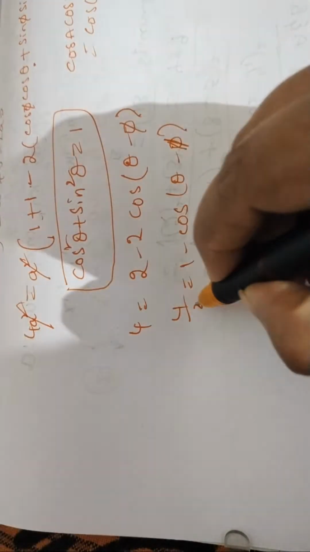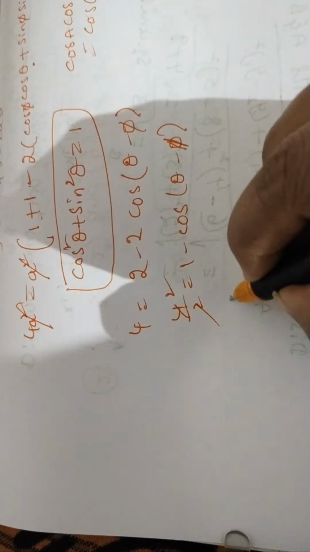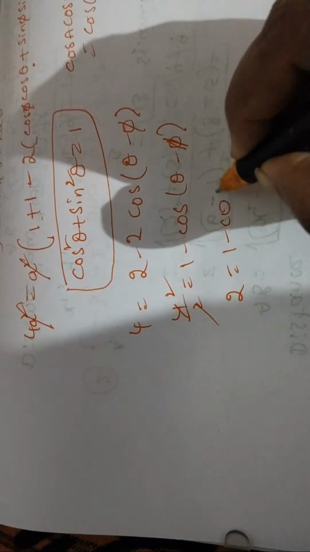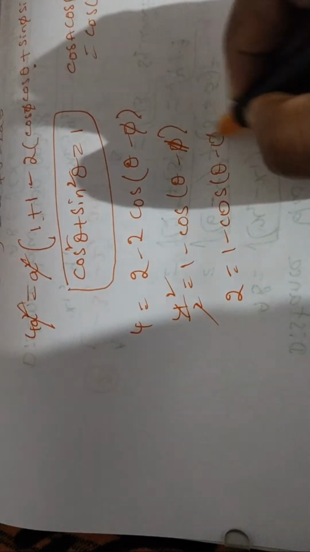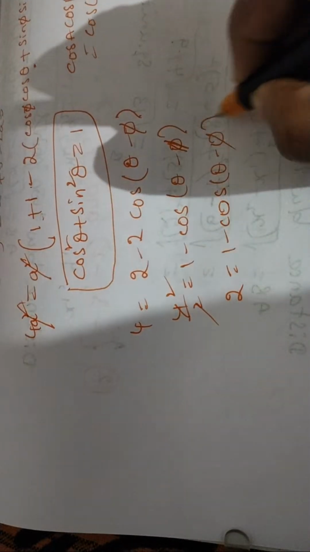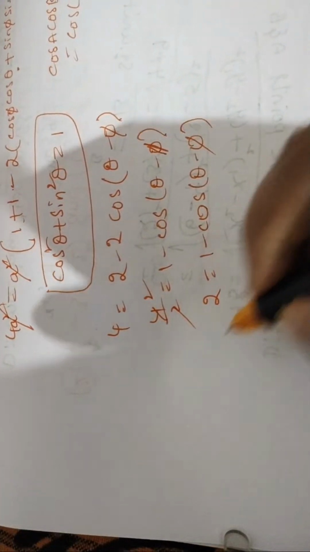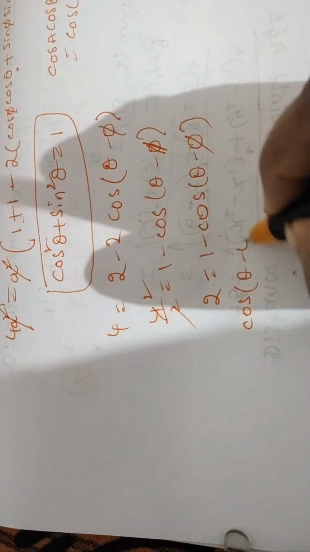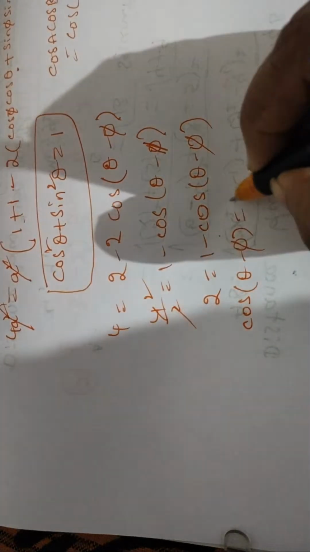Now 4 by 2, 2 2s are 2, equals to 1 minus cos of theta minus phi. So now send this minus cos of theta minus phi to the left hand side. This minus will become plus cos of theta minus phi, that equals to 1 minus 2.